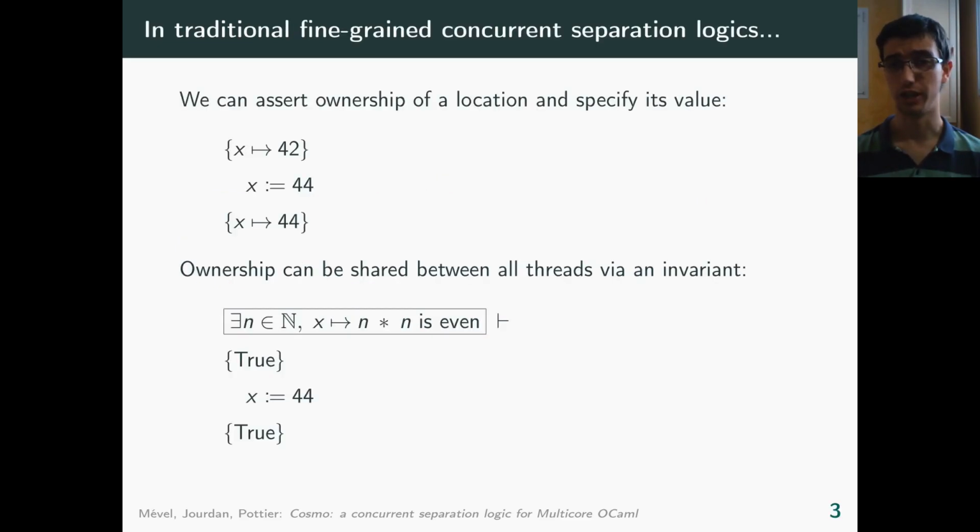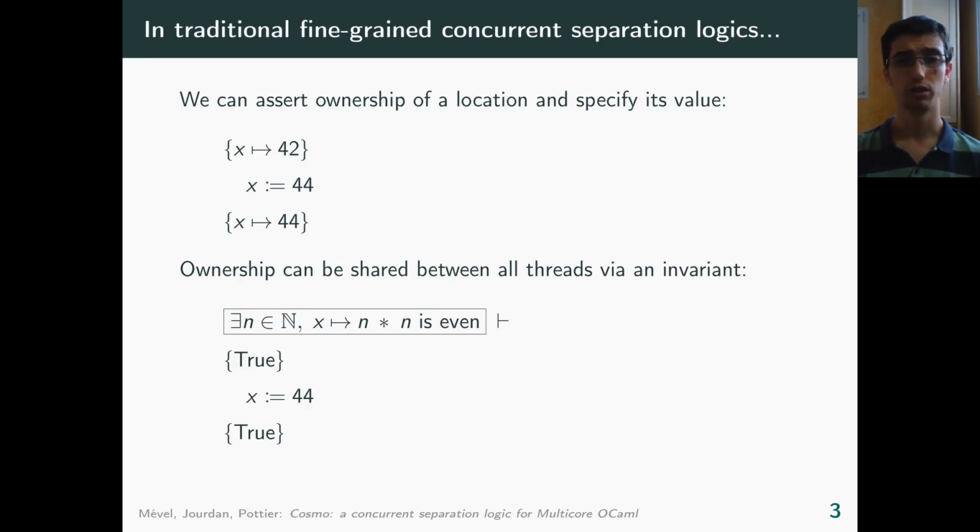So what is the challenge here? Essentially, the challenge is dealing with the weak memory. Under sequential consistency, traditional concurrent separation logic gives you a points-to assertion, x points to v, which expresses your unique ownership of the memory location x, and which also says which value is stored in x. And then you have the usual Hoare-style reasoning rules, and this assertion gives you ownership of x, but you may want to share this ownership among all threads.